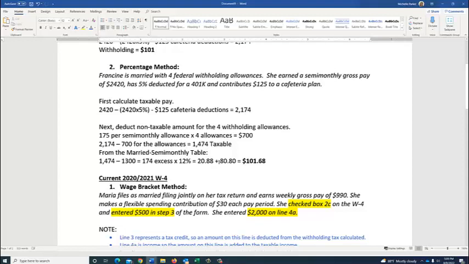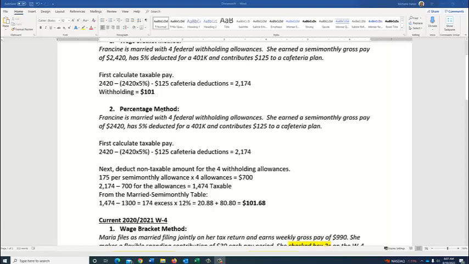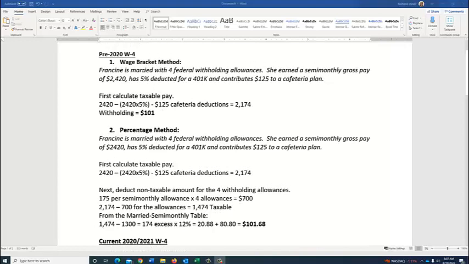Then we're going to add that $20.88 back to the tax that they gave us on the $1,300, the $80.80. So the total tax for Francine will be $101.68. Notice that that amount is pretty close to what we calculated up here in the wage bracket method.